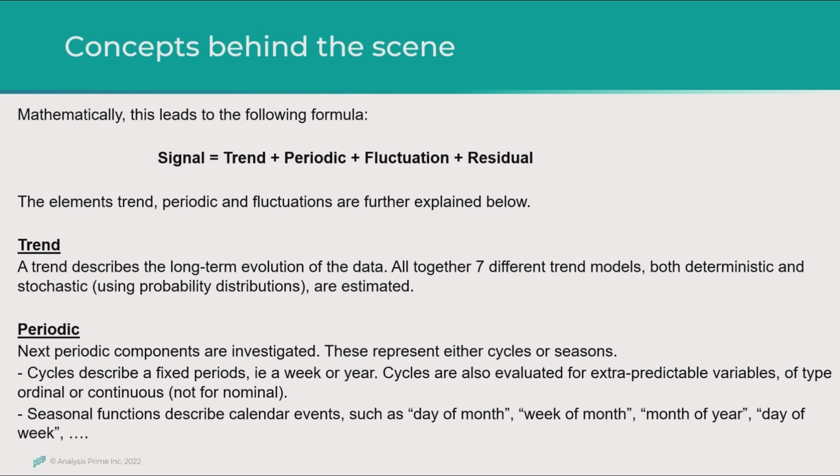The model might include some or all of the above elements. Any delta that the model doesn't explain is called the residual. The aim is obviously to explain as much as possible of the signal, so the smaller the remaining residual, the better the model.